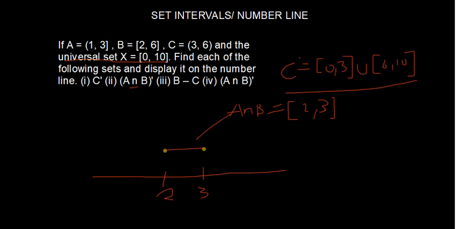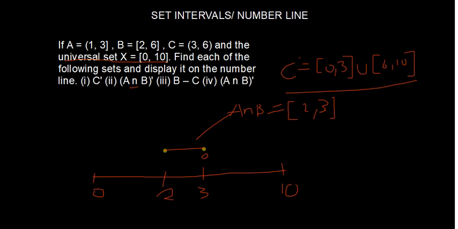Now the question is asking us to find the complement of A intersection B. So the region that is outside the set that we've just found. And since we know that our inverse is running from 0 up to 10, our A intersection B complement is going to be from this point.